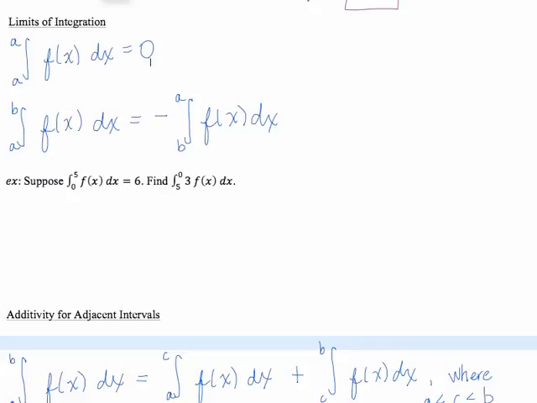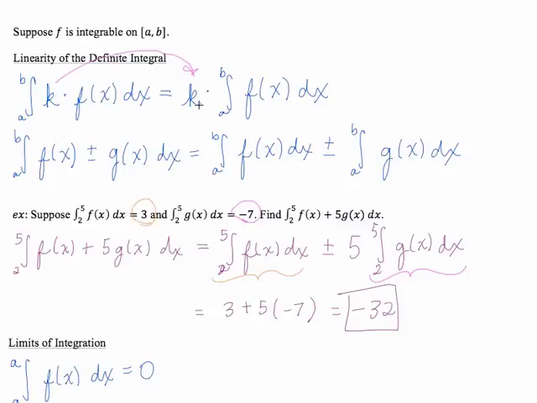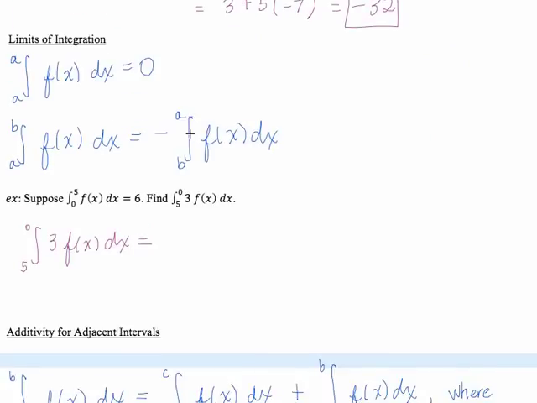So using these 2 properties, suppose that the integral from 0 to 5 of f of x is 6. Find the integral from 5 to 0 of 3 times f of x. Okay, well, we want to find the integral from 5 to 0 of 3 times f of x dx. Well, we can use that constant rule from up here and pull the 3 out to get 3 times the integral from 5 to 0.